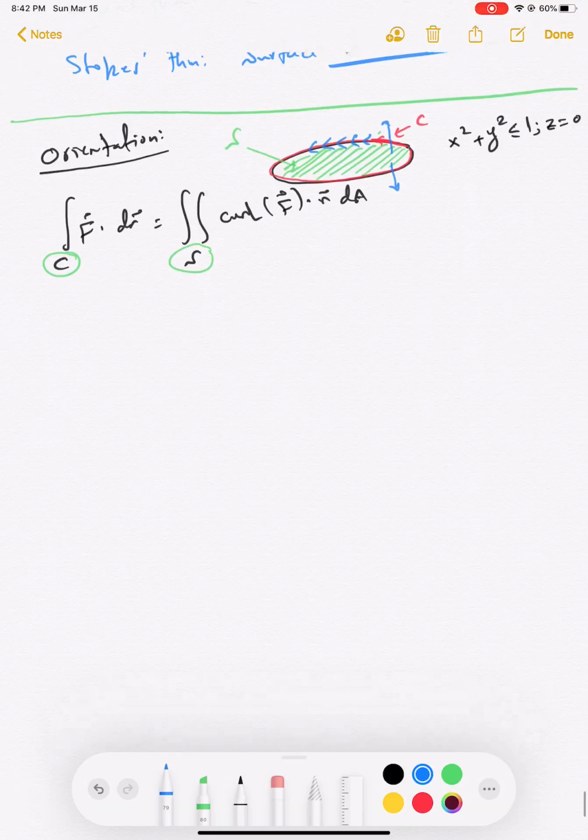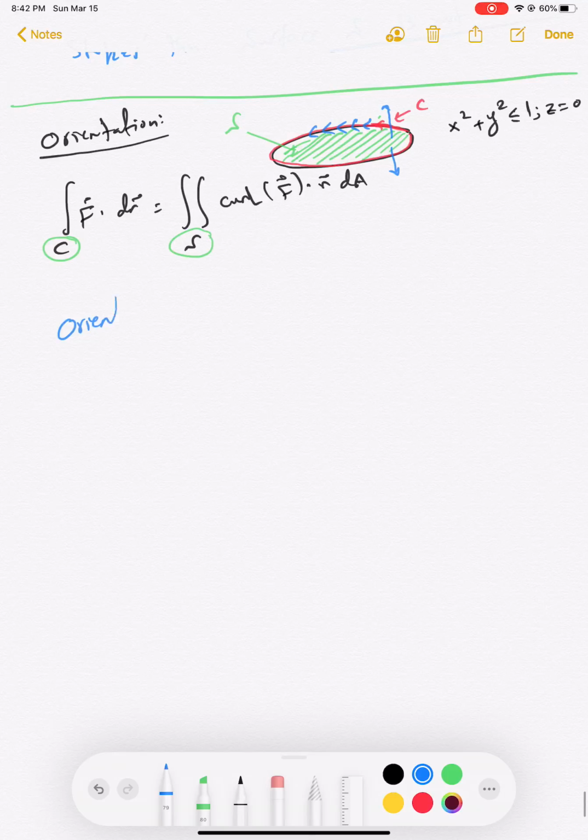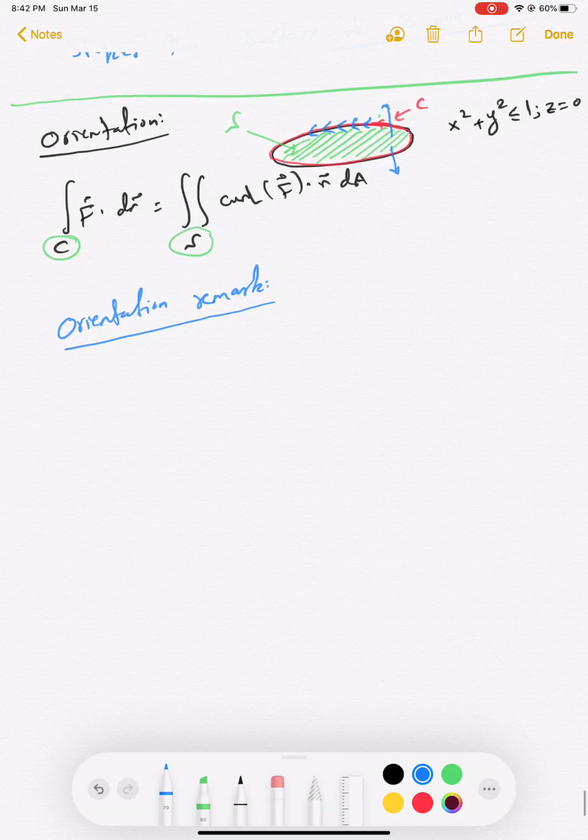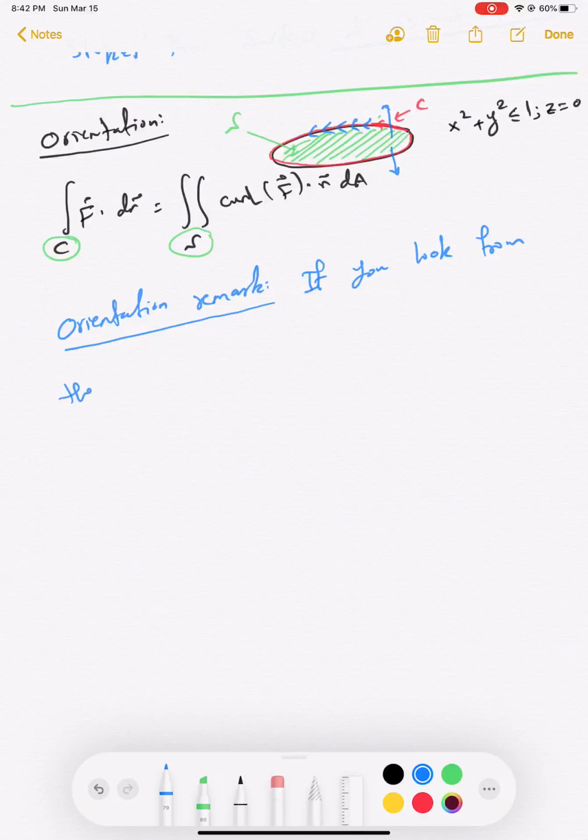So our orientation remark: if you look from the tip of n, what's n? N is the normal vector of the surface. So imagine you are the normal vector.